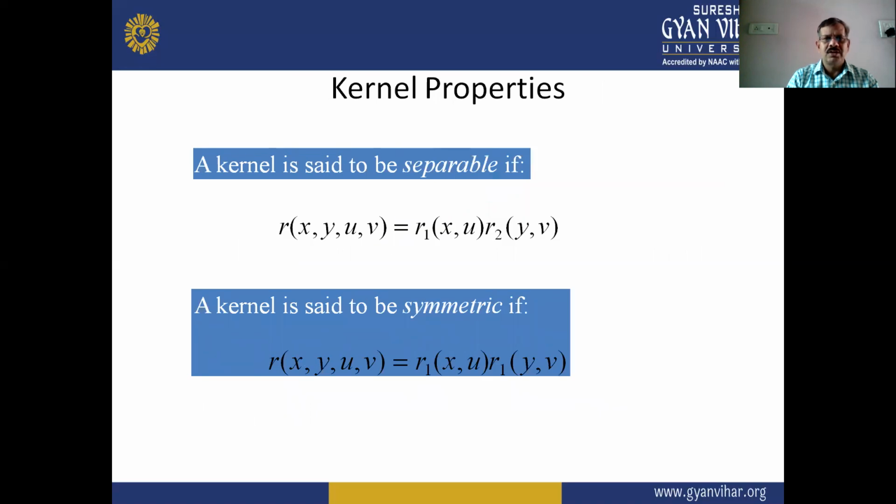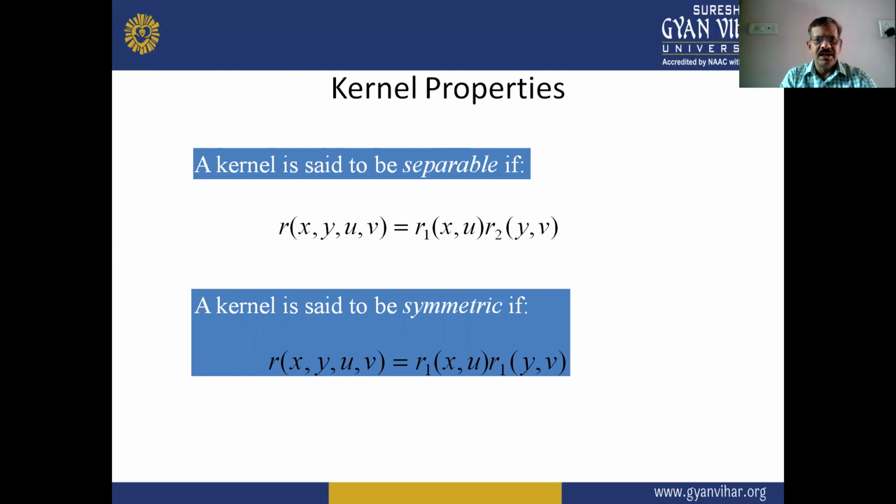So what are the properties of kernels? There are some properties of a kernel. A kernel is said to be separable if the function r(x,y,u,v) equals r1(x,u) into r2(y,v). So a kernel is said to be separable if this condition is satisfied.